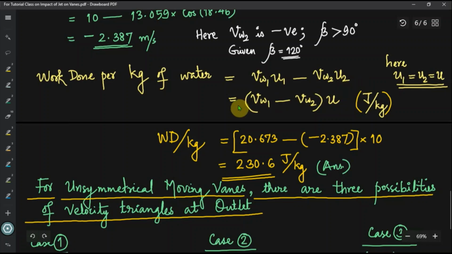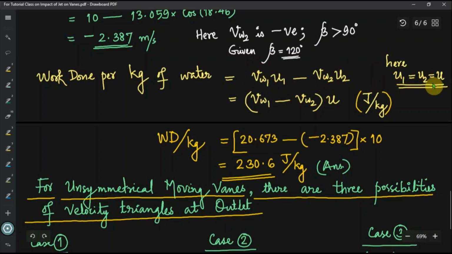So work done per second by water on the vane will be mass flux m dot into VW1 U1 minus VW2 U2, or we can say rho into Q into VW1 U1 minus VW2 U2. That is the power rating or Euler power, work done per second by water on the vane on which it is striking. But in this case we require only work done per unit mass of water. So in that case you need not use the mass flux, you divide that Euler power by mass flux. So you will get VW1 U1 minus VW2 U2.